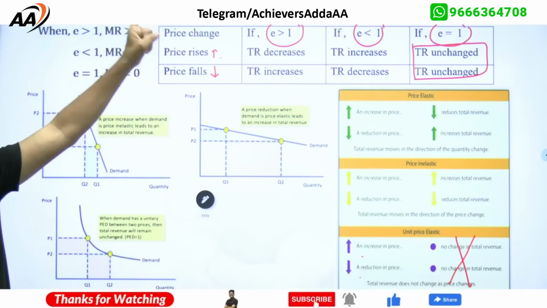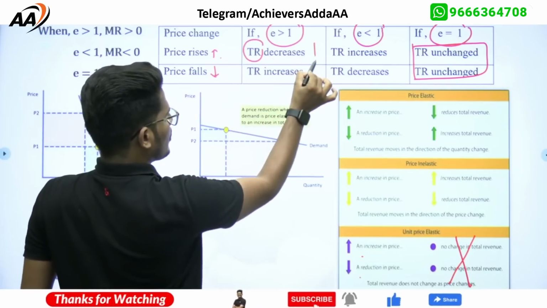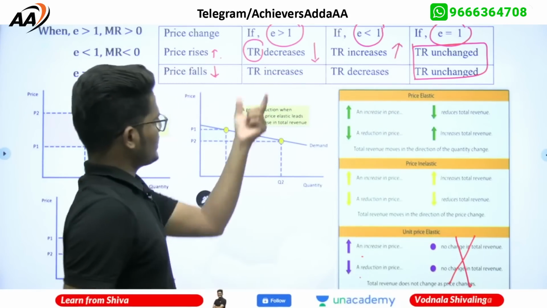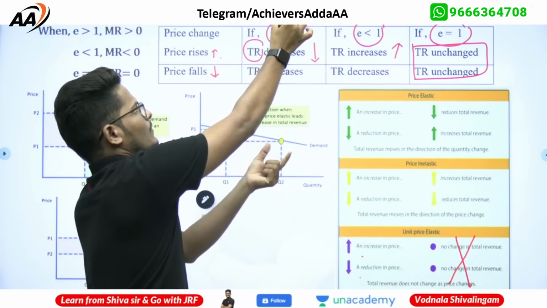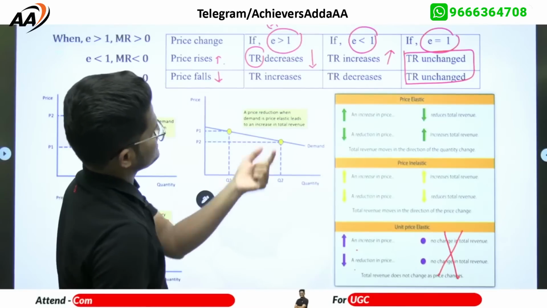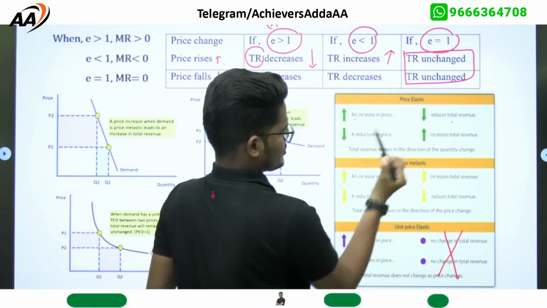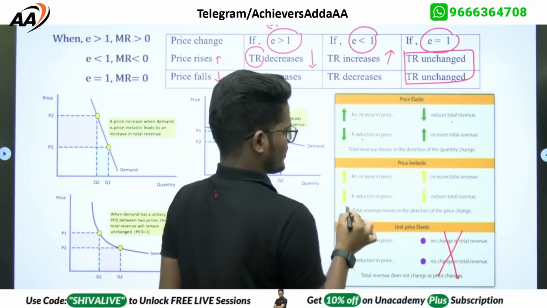Now, whenever price increases, total revenue will come down in the case of elastic, which is more than 1. So an increase in price leads to a decrease in total revenue, and a decrease in price leads to an increase in total revenue.